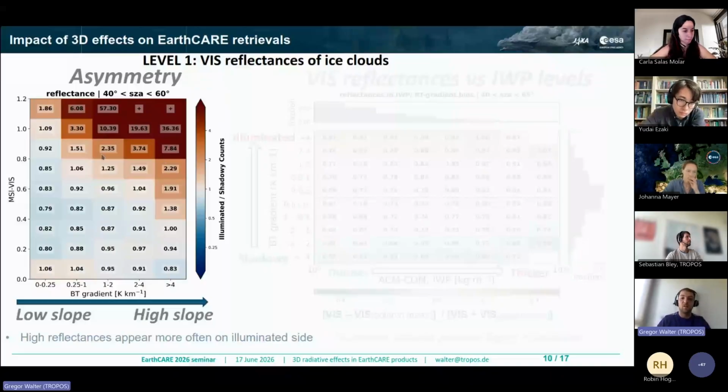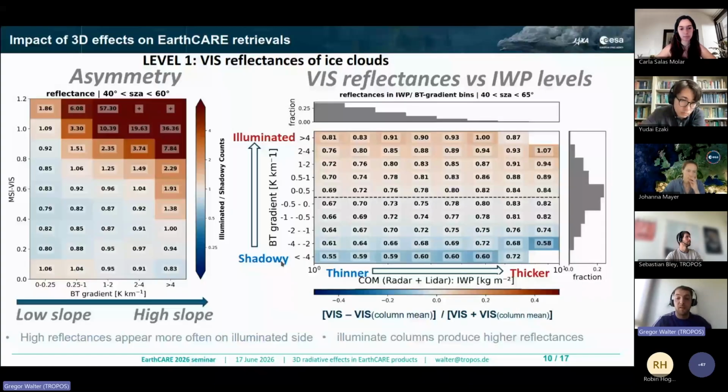And we can also use the composite product as a reference. So in this plot, we use the ice water path, assuming that thinner clouds produce lower reflectances and thicker clouds high reflectances.